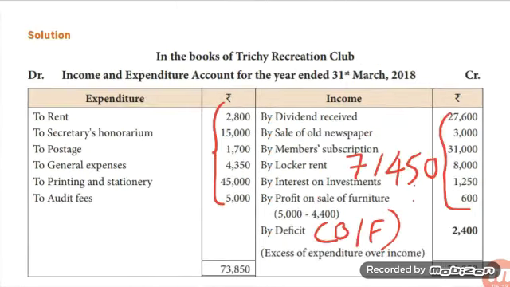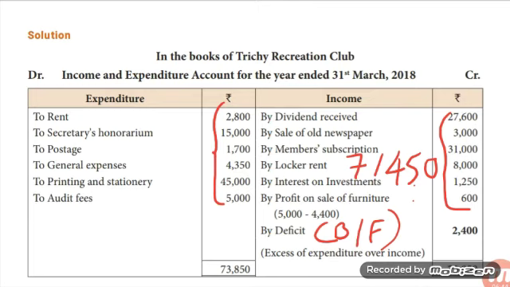Now we entered all receipts and payments, that means all income and expenditure, on income and expenditure account. Then next step, balance the account. How can you balance? Find the total of both the debit side and credit side. Here debit side total is 73,850. Credit side total is 71,450. Then you can find the greater amount.